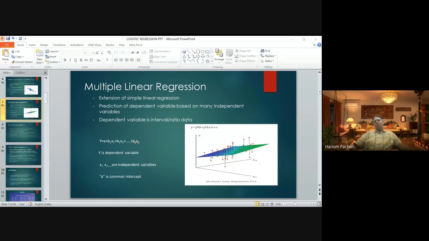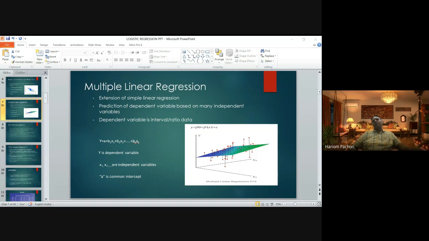So what is logistic regression? As the name suggests, logit for short, because this is based on the logit function, a specialized form of regression used when the dependent variable is dichotomous.